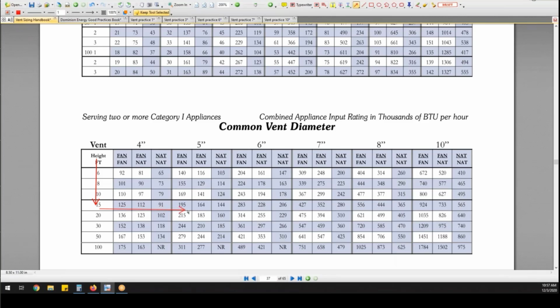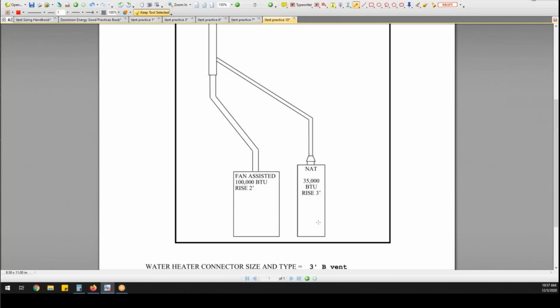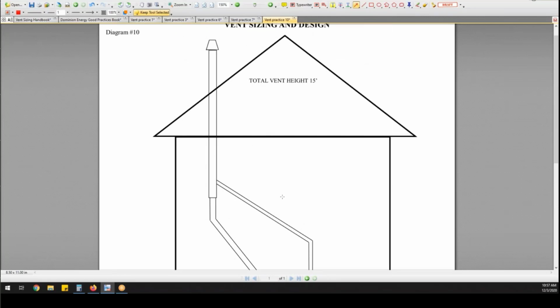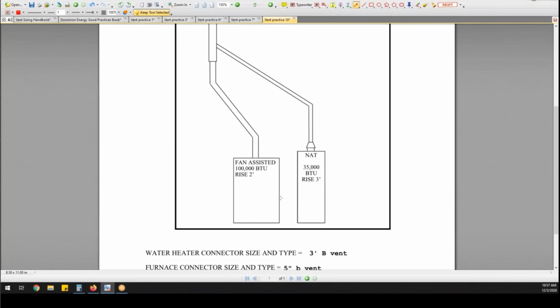So I'm going to come over. 5-inch. So whether I'm using B vent or single wall, my common vent diameter is still 5-inch.